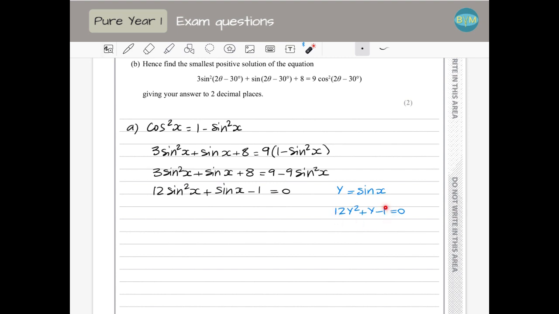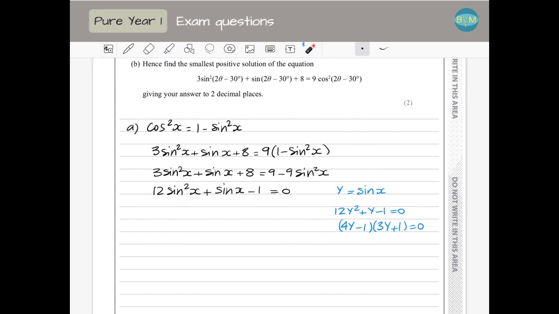So if you factorize this quadratic, you have 4y minus 1 and 3y plus 1 equals 0. So I have two solutions, and I make both brackets equal to 0. Instead of y, I'm going to write sine x.